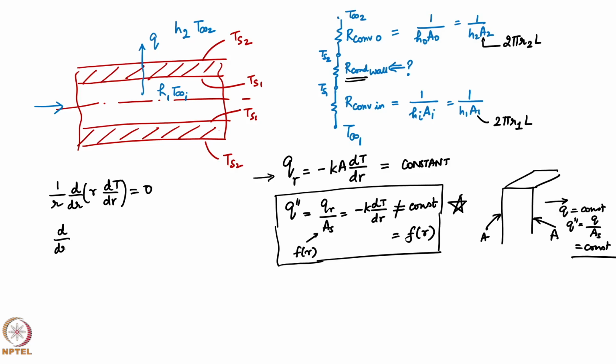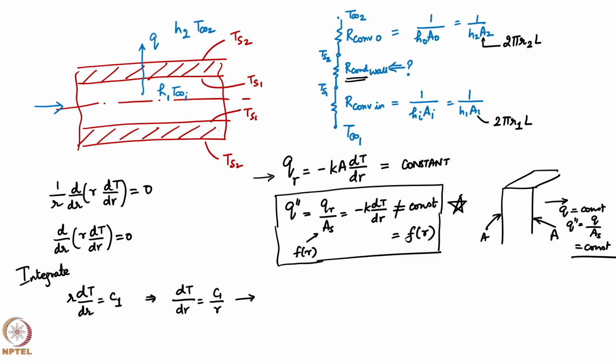First integration would give me r dT by dr is equal to C1, which implies dT by dr is equal to C1 by r. Integrate again, T of r is equal to C1 log r plus C2.